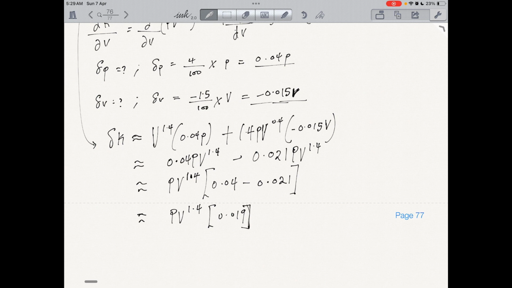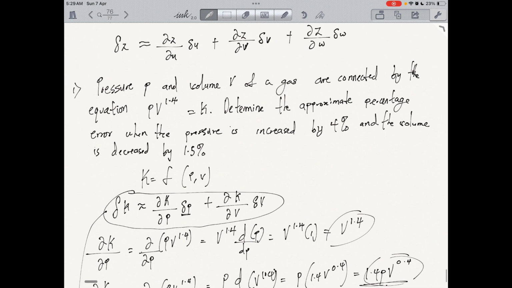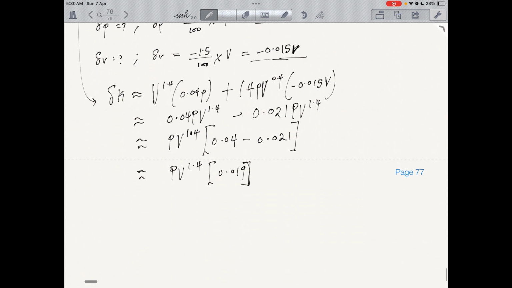Now, taking a look at this, we know that PV raised to power 1.4 from the question is equal to K. So this is equal to K, and 0.019 is the same thing as 1.9 divided by 100.